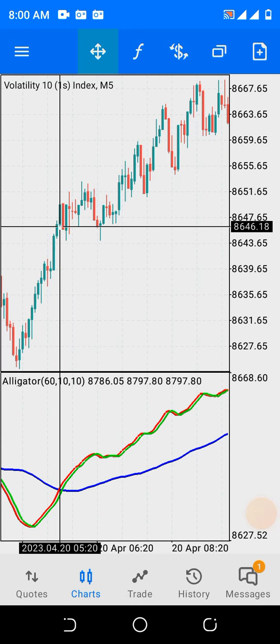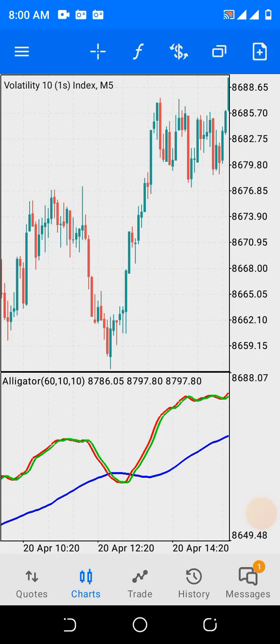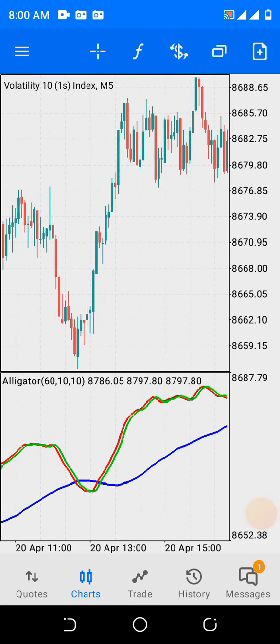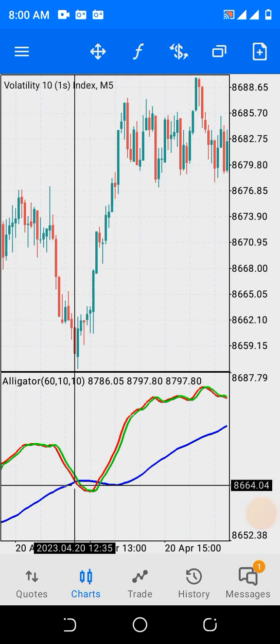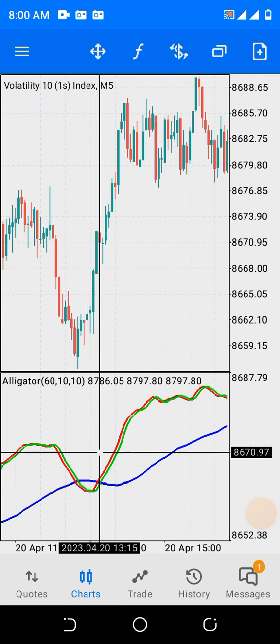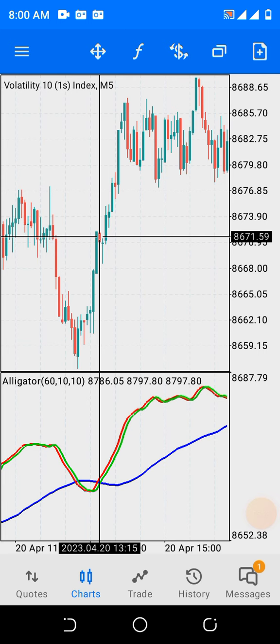All right, let's proceed. See this small correction here. Make your entry here, and you record another profit. Make your entry here where the correction occurs, and you record massive profits.